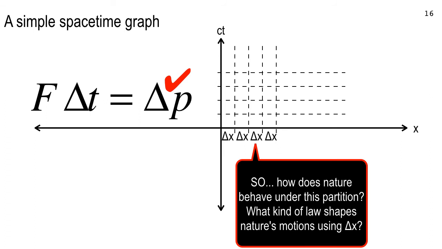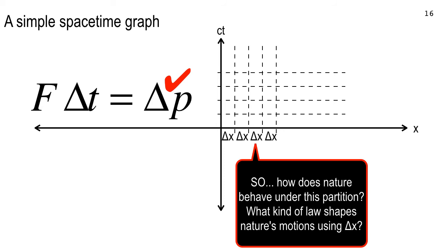I don't really understand what we're talking about, as far as what the delta x's represent. Well, the delta x's represent a certain distance. We're making them all the same. So basically what we're saying is our graph paper can be divided up spatially, or it can be divided up temporally, meaning along the ct axis.